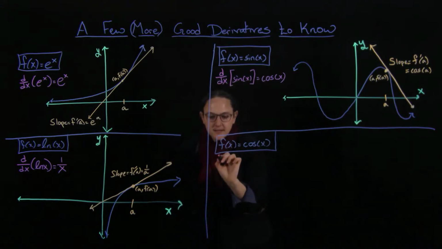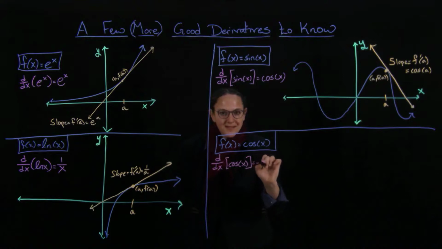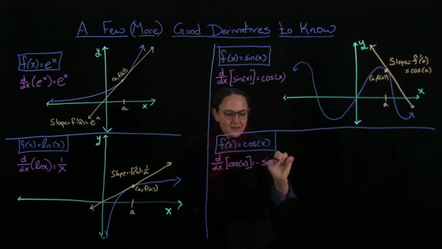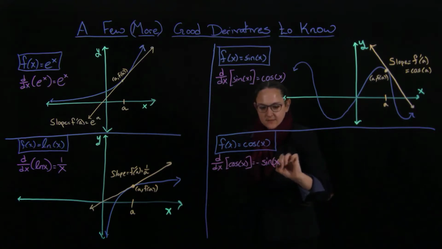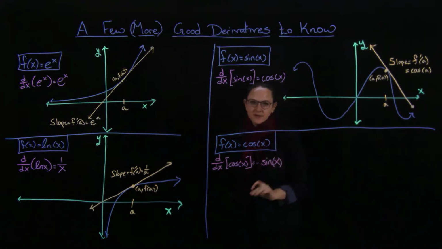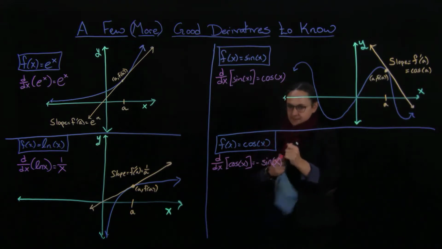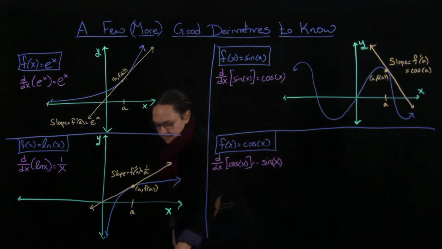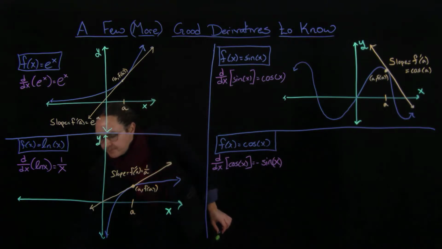Okay, so if I take d dx of cosine of x, I get minus sine of x. Sometimes we get sloppy and leave out those parentheses, but they end up being really useful if you have more than just an x in there. And now let's go ahead and draw this.